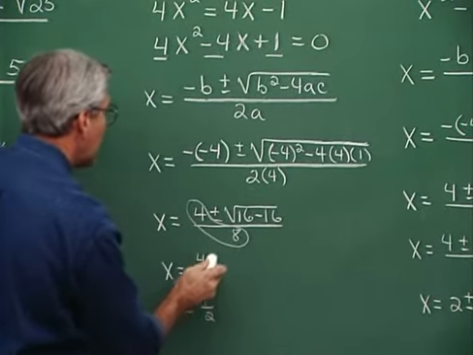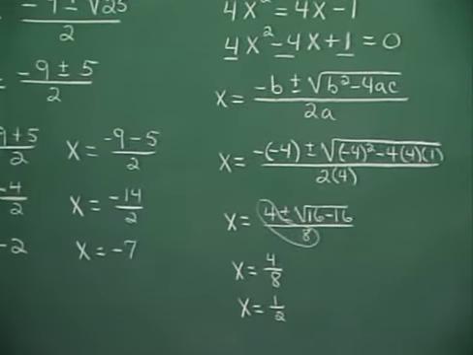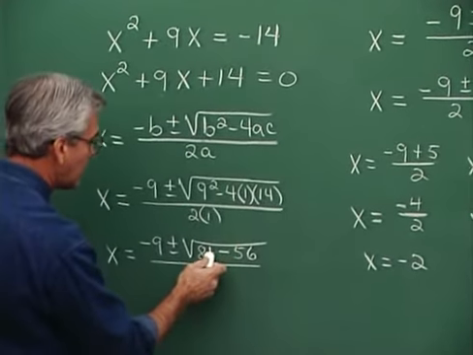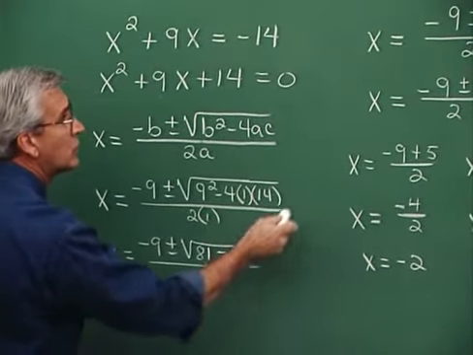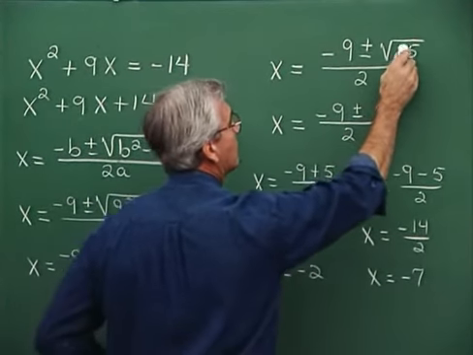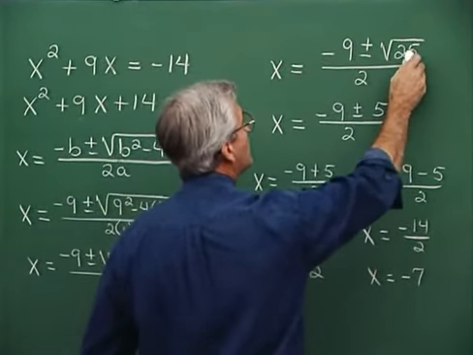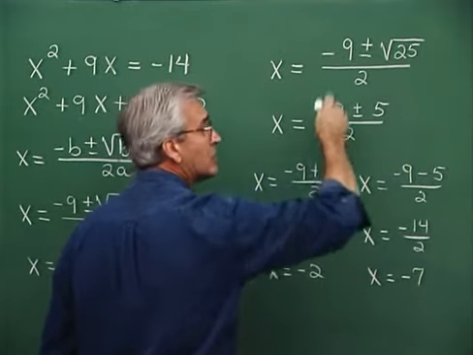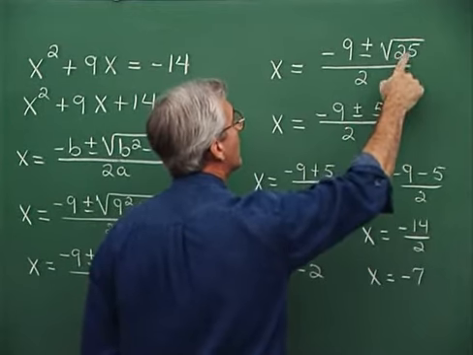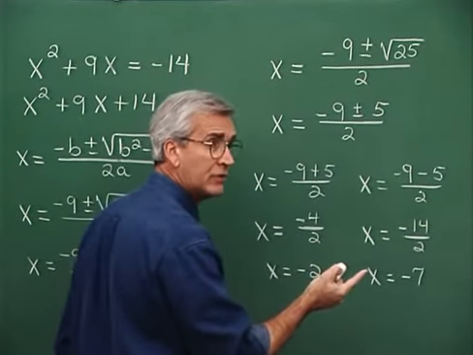And back over here, we had the number under the radical was 81 minus 56, which turned out to be a square. But as long as it's a positive number, we're going to get real numbered answers, and if it happens to be a positive square, then those answers are going to end up being integers.